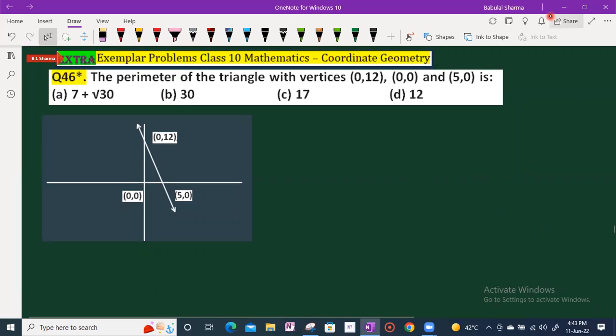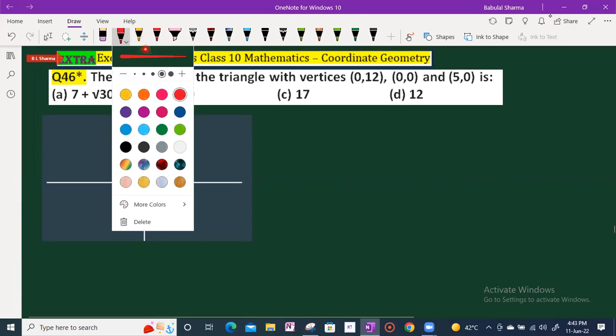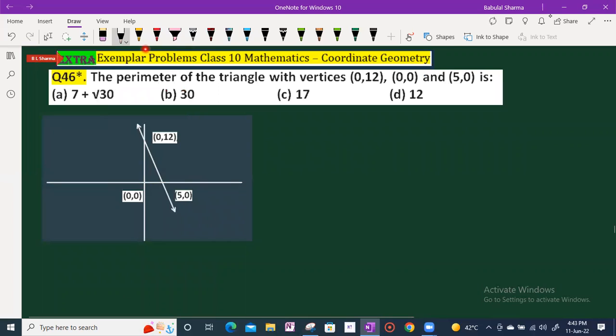Next question. The perimeter of the triangle with vertices 0, 12, 0, 0 means origin and 5, 0 is perimeter. कितना है देखिए. Perimeter means sum of the distance, means sum of all the sides.